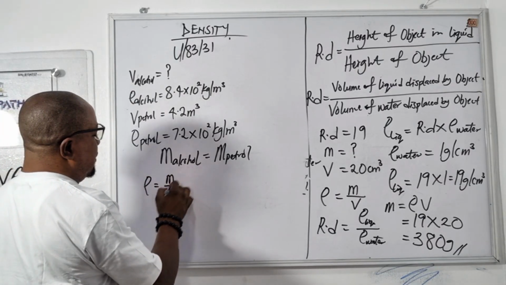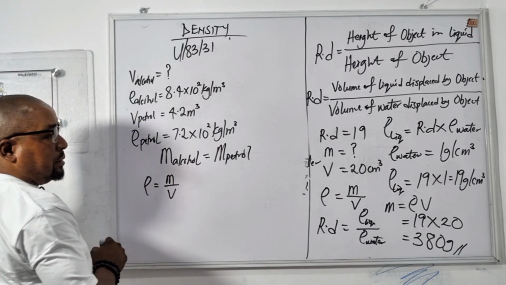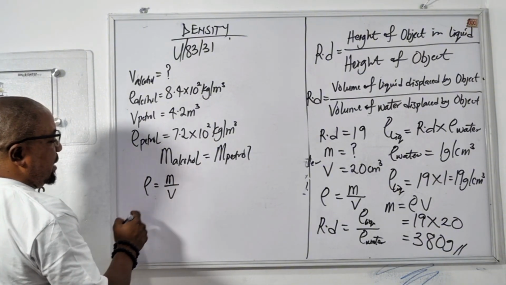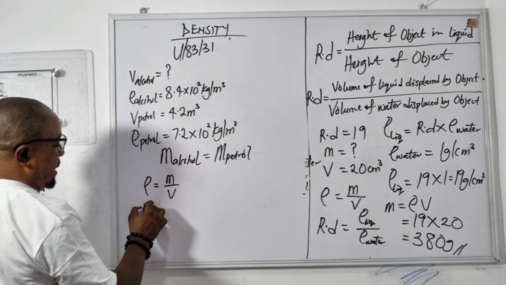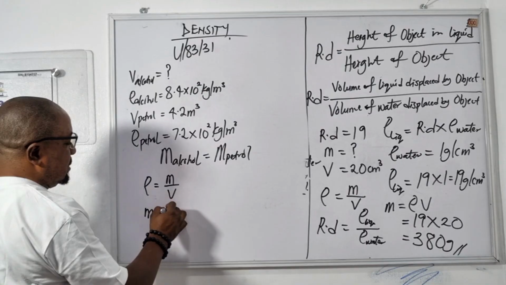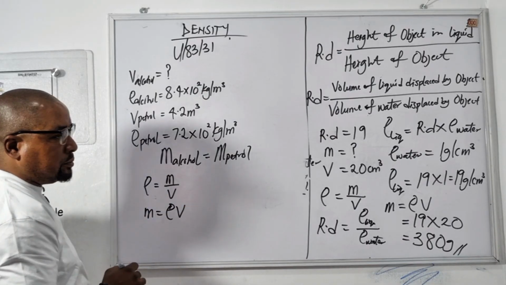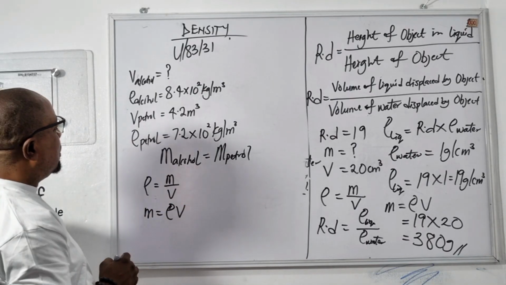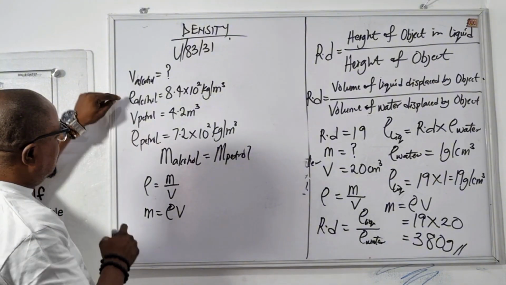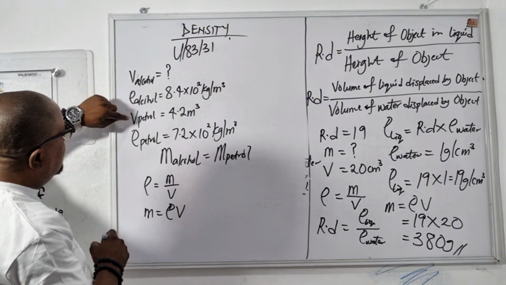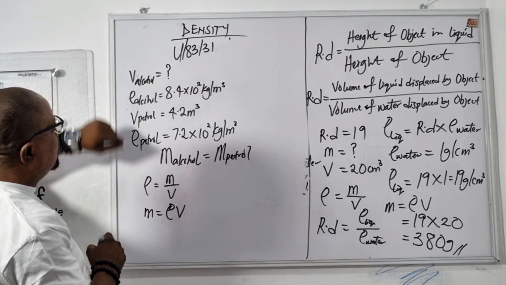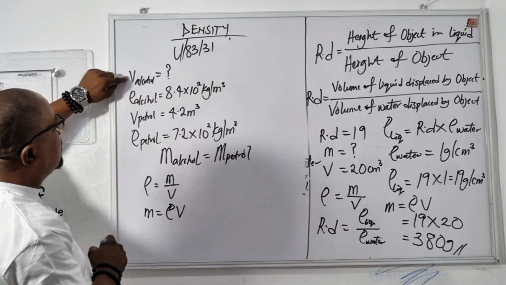Density is mass over volume. So when I make mass the subject of the formula, mass becomes density times volume. In our question, we have the density and volume of petrol, and the density of alcohol, but we're looking for volume.